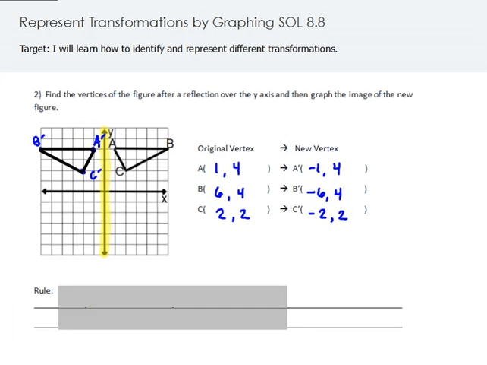So the reflection, again, mirror image, you're flipping it, but this time we're flipping over the y-axis. So when you take a chance to write down your rule, the y values should always stay the same when we reflect over the y-axis. Y stay the same.